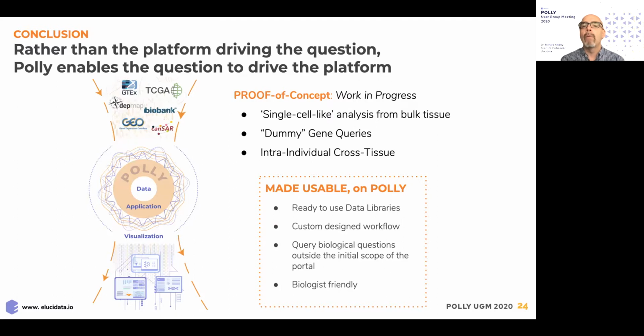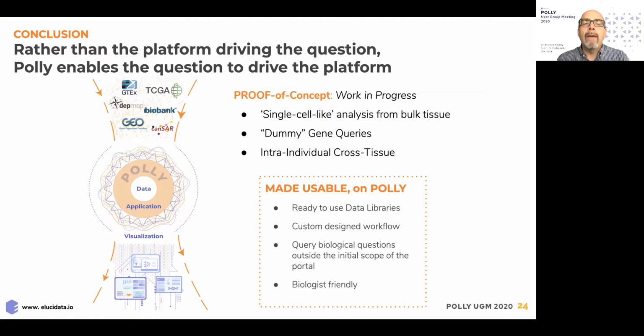And what I've shown you here is a proof of concept work in progress where we looked at single cell-like analysis from bulk tissue. We were able to pull out insulin-related genes from the whole pancreas, and then set up dummy gene queries, which can be all sorts of different analytical approaches for narrowing down or challenging the data to pull out unique insights.